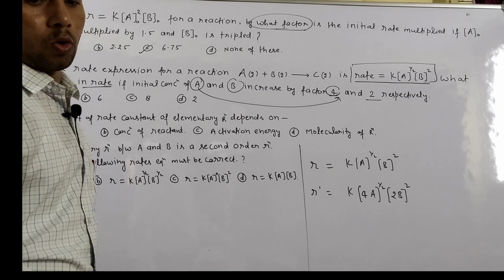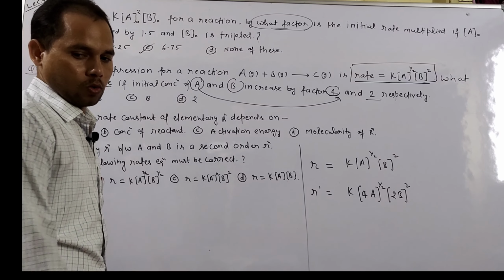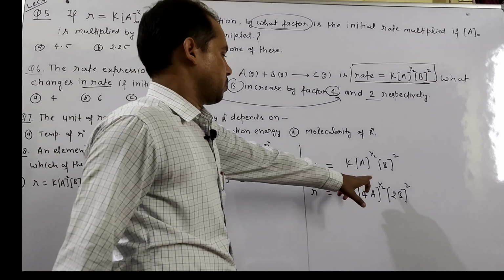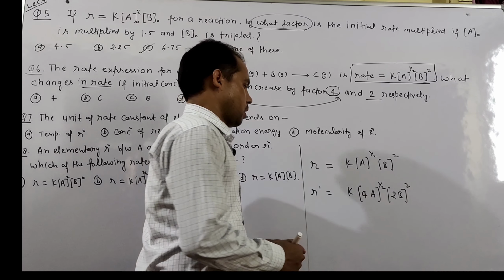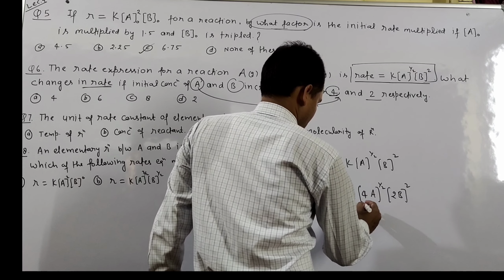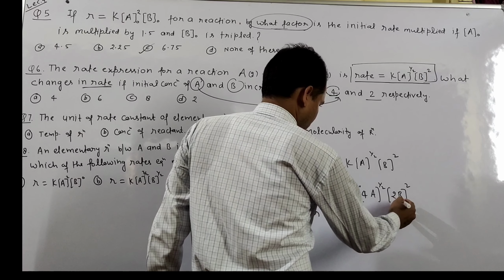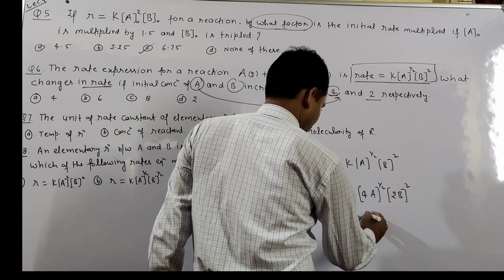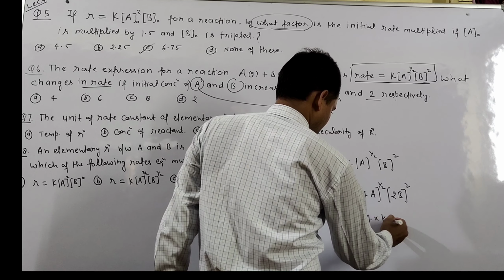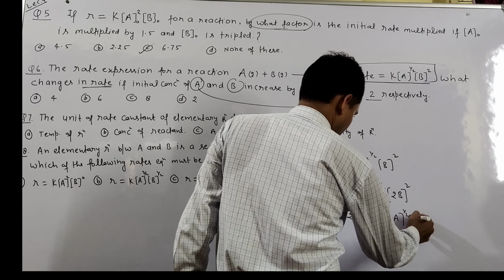What will happen here? The power 1 by 2 means square root. So r dash equal to, taking outside, 2 into k concentration of A to the power 1 by 2 and B to the power 2, from the square root of 4 and 2 squared. If you multiply, this becomes 8, r dash equal to 8 into k concentration of A to the power 1 by 2 and B to the power 2.